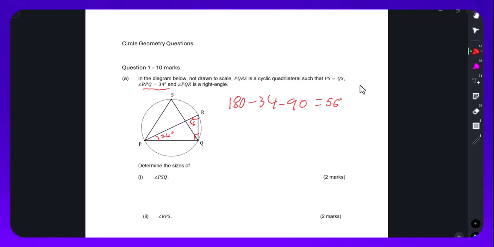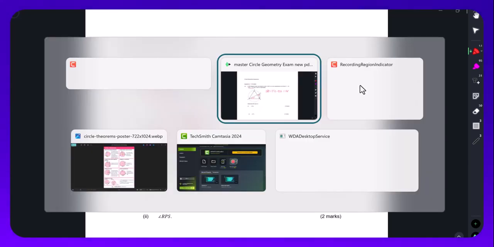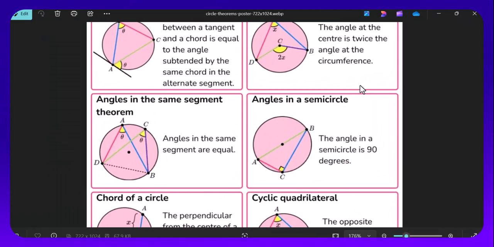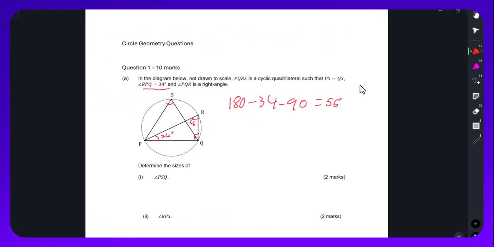And we need to get PSQ, which is this one at the top. To do that, we should be able to realize that we've got alternate angles in the same segment. So these two angles highlighted there are going to be the same. That one is also going to be 56.